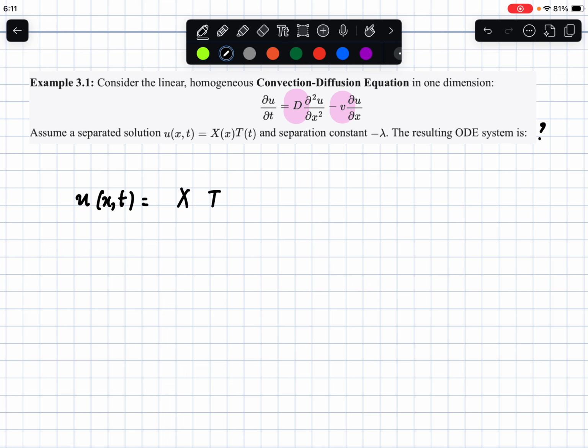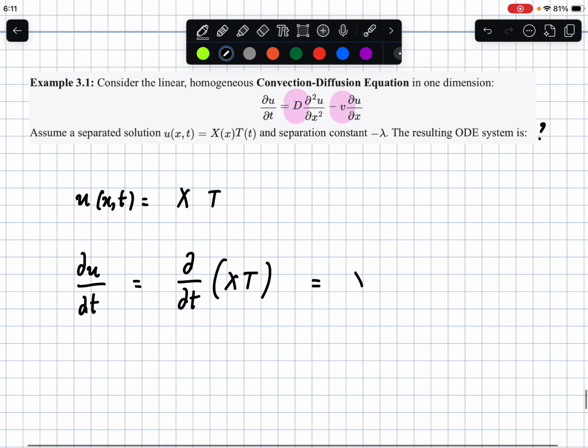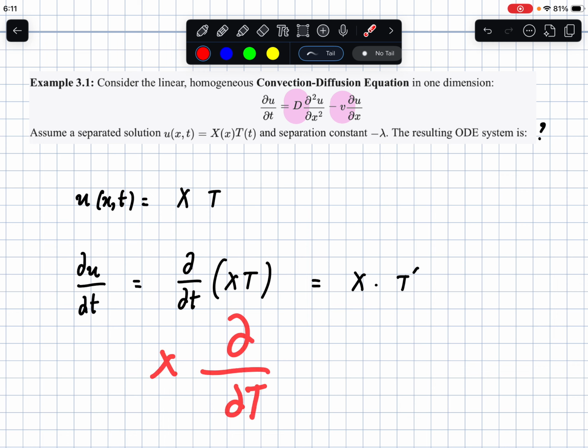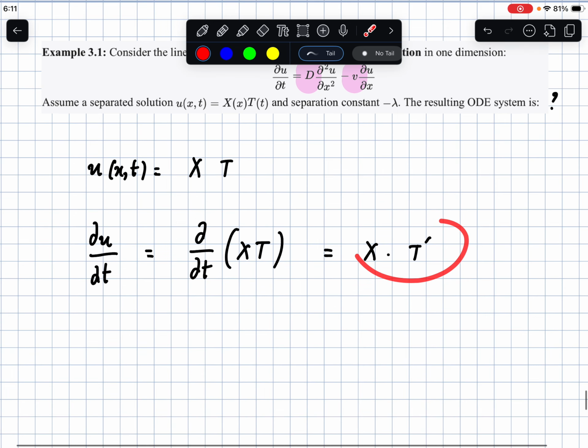With that, we need to compute the partial derivative with respect to t and with respect to x. du/dt is d/dt of X times T, which is X times T prime, because X is just a constant with respect to t. So when we bring X out, d/dt of T, this one is a function of t, so it is T prime.